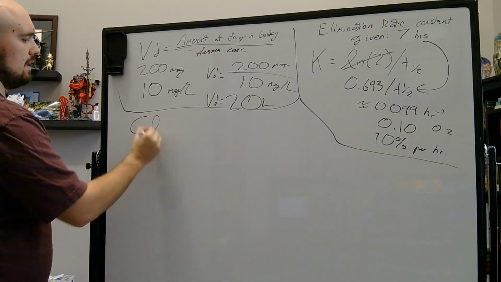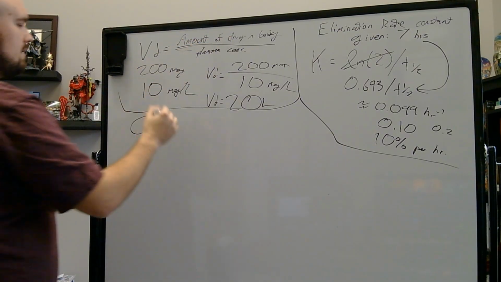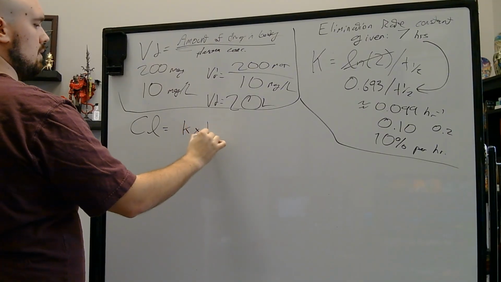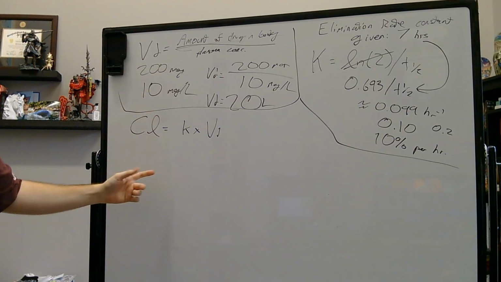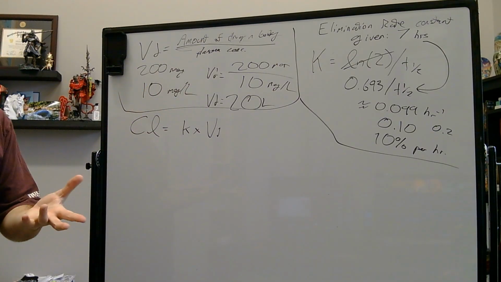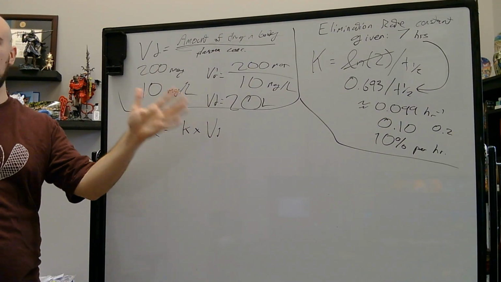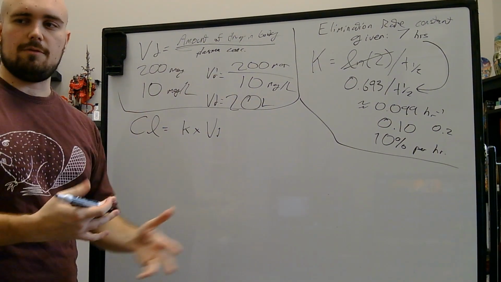Clearance, or CL, the formula for that is the elimination rate constant multiplied by the volume of distribution. It's a formula that you usually build up to. Sometimes you're given the clearance, but with a lot of pharmacokinetic problems, you build up to it.